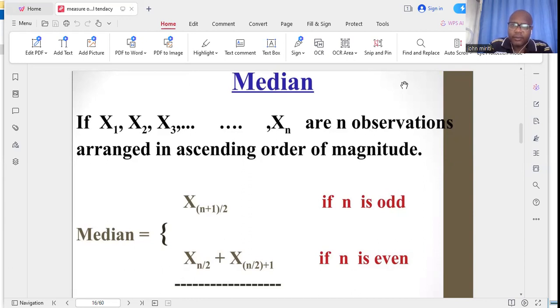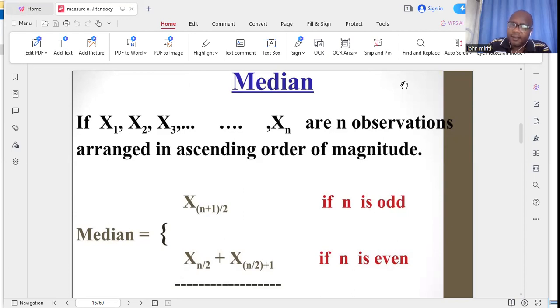Today we are going to discuss how to arrive at the median, which is again a measure of central tendency, and we will see it in grouped data and also in ungrouped data, and when the observations are even or odd in a population.